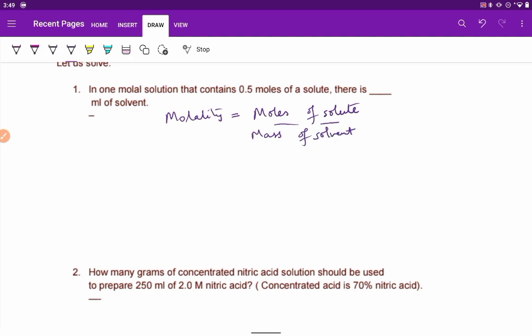This mass we will take in kg. So here molality, 1 molal they have given, 1 molal solution.